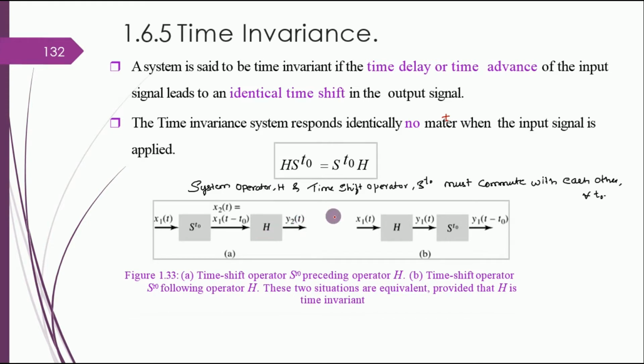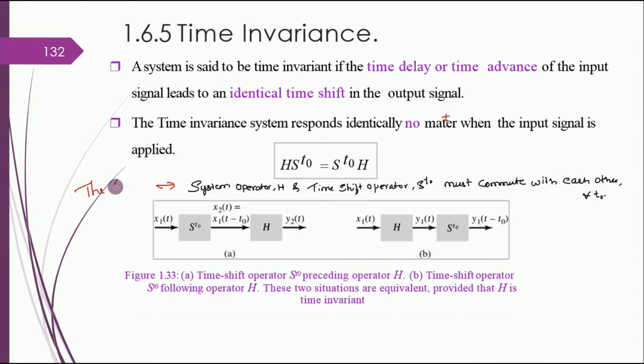Whatever output I get, and the same if I apply the input to the system and whatever output I get, then if we apply the time shift, both should not change. That is H S T naught is equal to S T naught H. If this is commuting, we say H and S T naught must commute with each other in order to call it a time invariant system. If this is satisfied, then only we call it time invariant.